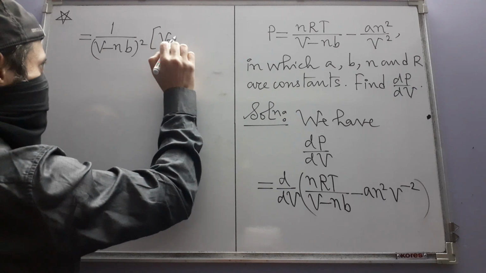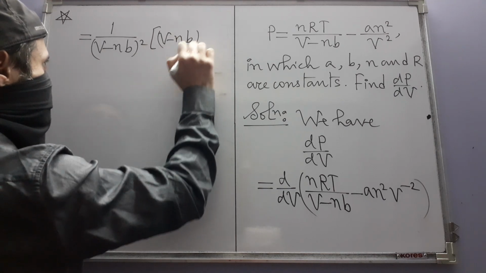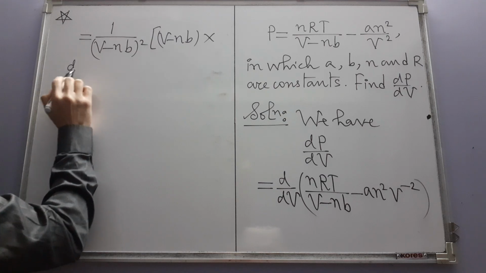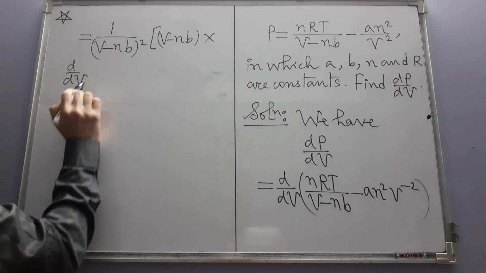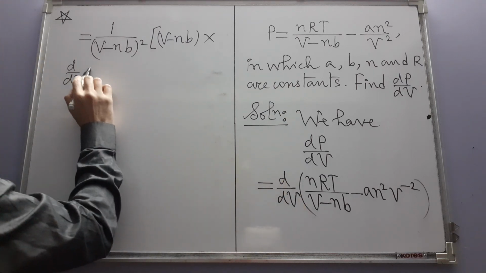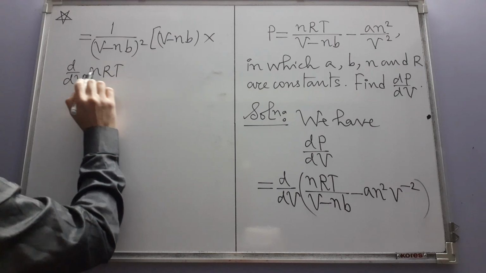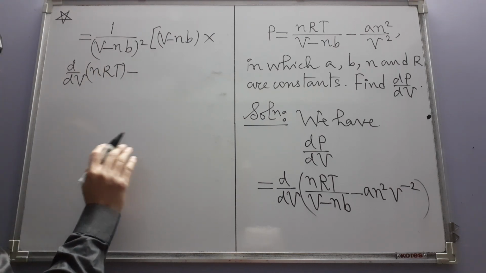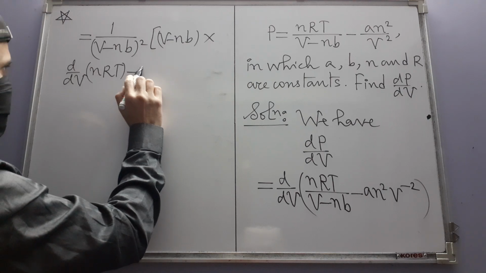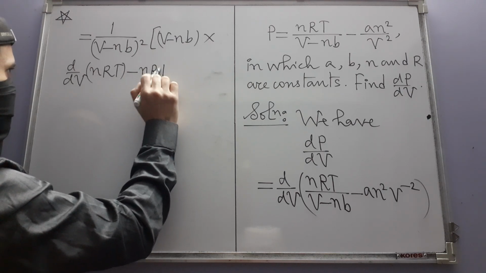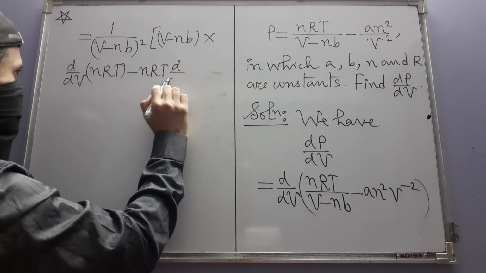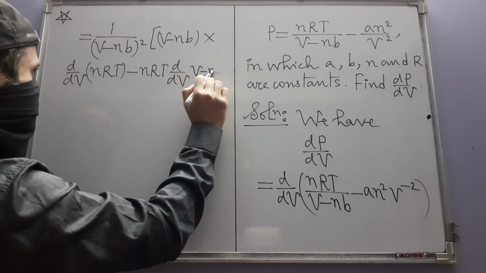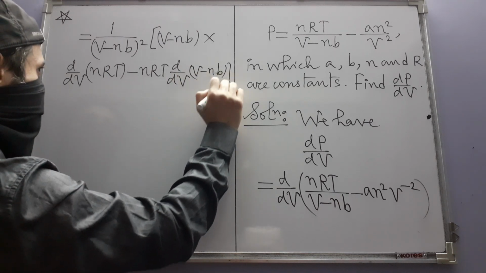Now let me write the rest from here. And then you do not differentiate the denominator first. You keep it as it is and multiply that by the derivative of the numerator, and then minus. In the quotient rule, you have a minus sign in between. You keep nRT unchanged and then multiply that by the derivative of the denominator.